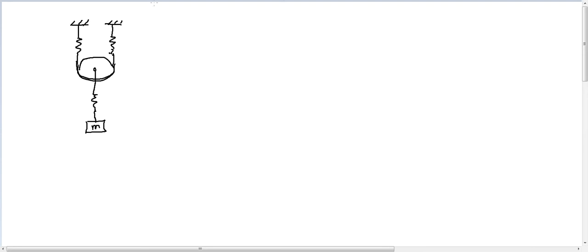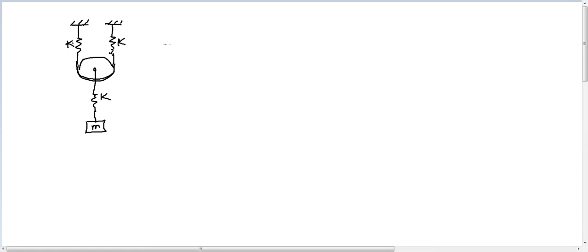Now let us try to find out the natural frequency of this spring mass system. Here is the mass, and through a pulley arrangement we are connecting the springs like this. Let us say the stiffness of each spring is the same, that is K and K. Now we want to find the natural frequency.